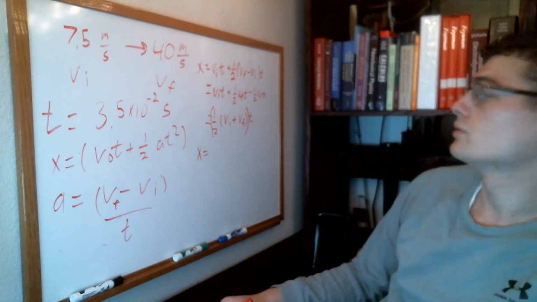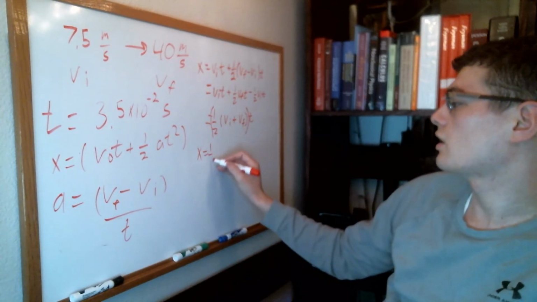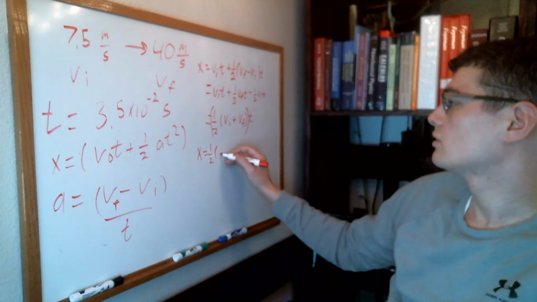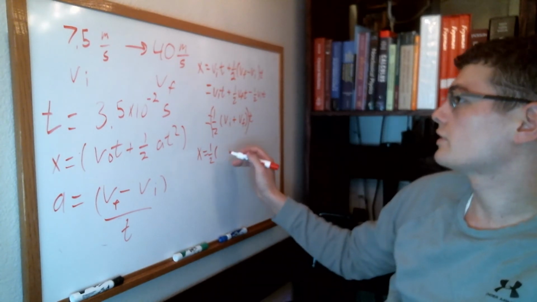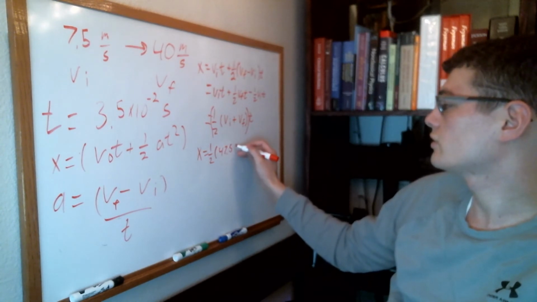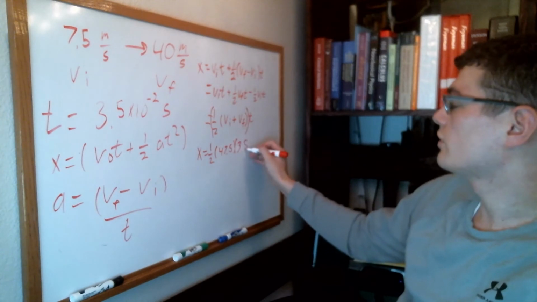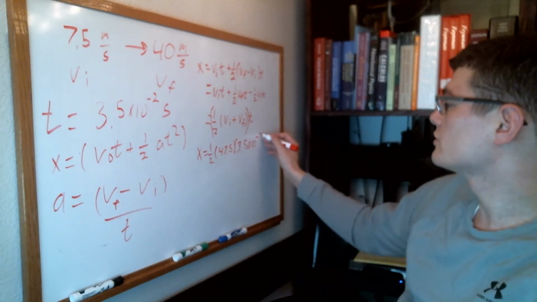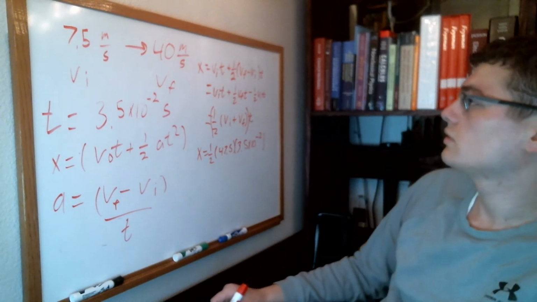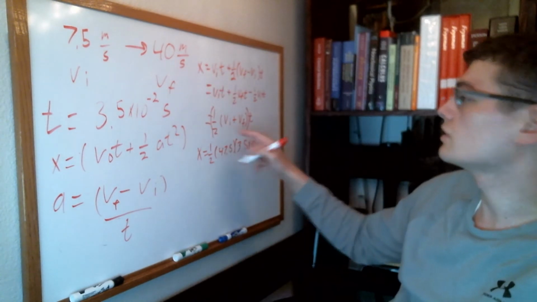And so then we can say that the distance over which this puck is accelerating is equal to, and then we can just plug in our numbers. So here we have our half out in front, multiplied by 7.5 plus 40, which should be 47.5, and then t is going to be 3.5 times 10 to the negative seconds. Now here we can see that we have meters per second, and then this one is seconds.